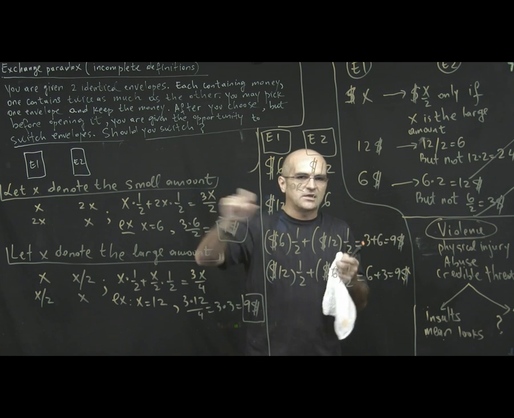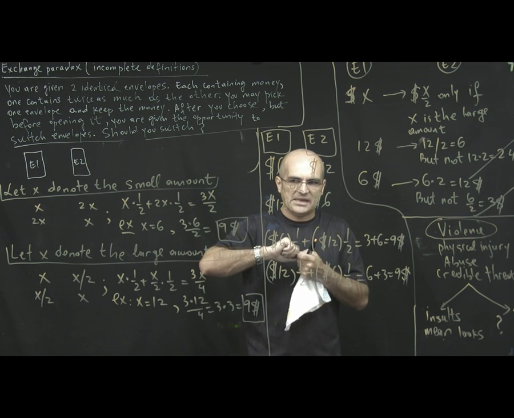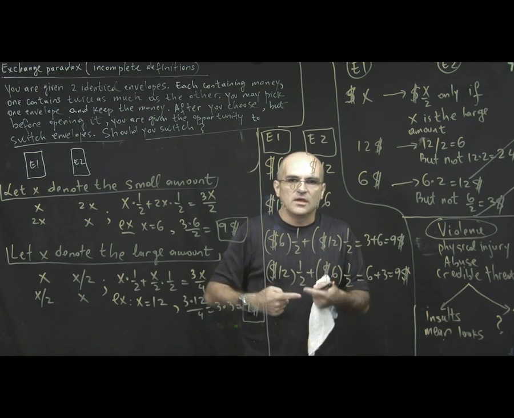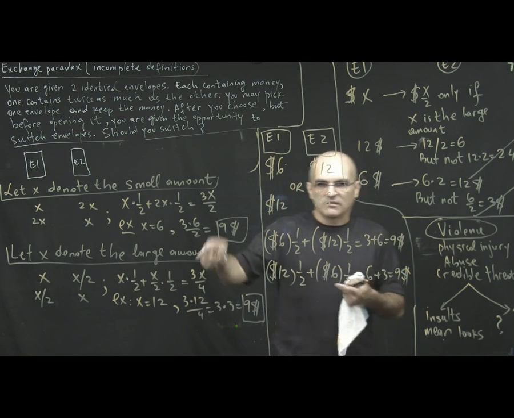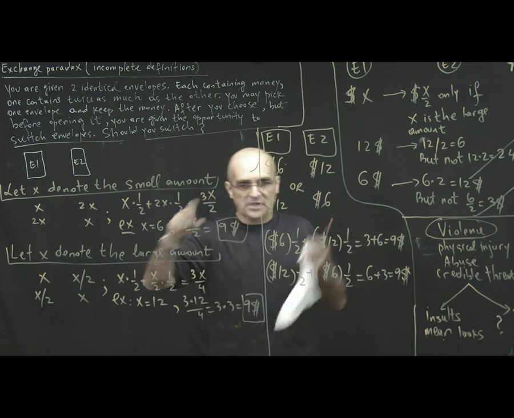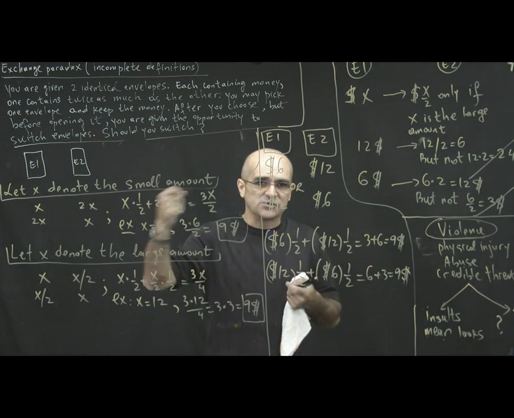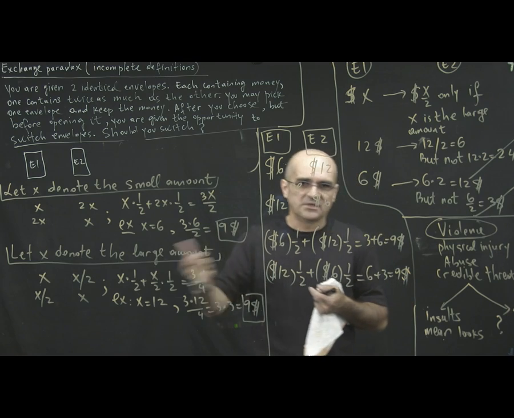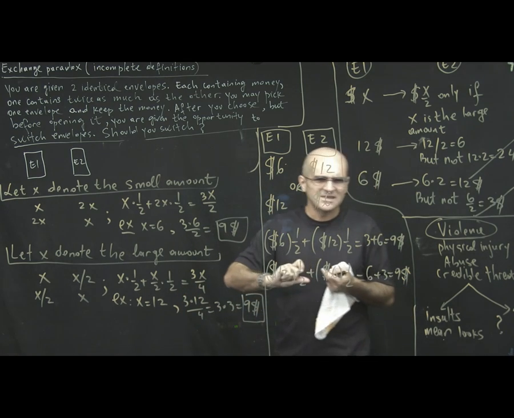It's just that in the context of the problem, it is incomplete. And in the same proof, I basically use another very important attribute in one way or the other, right? So in one half of the argument I use, without stating so, the fact that x was the small amount of money, and in the other half of the same argument I use the fact that x is the larger amount.